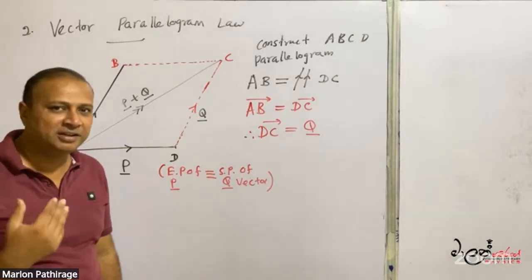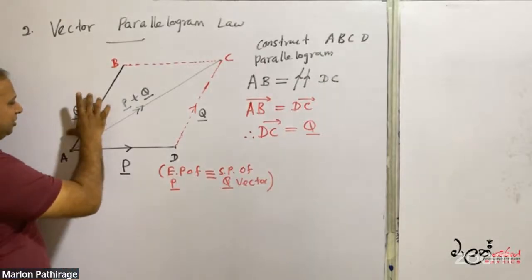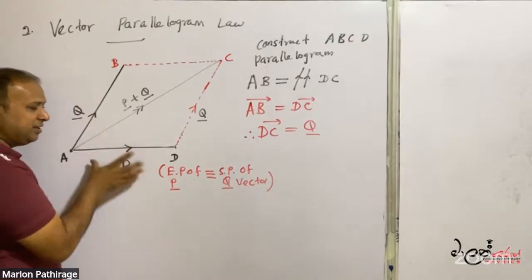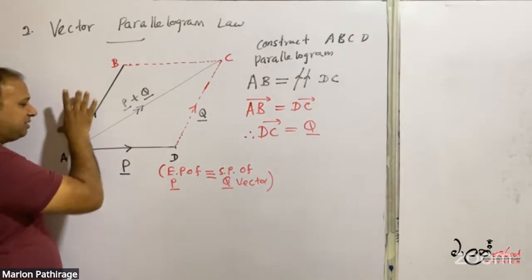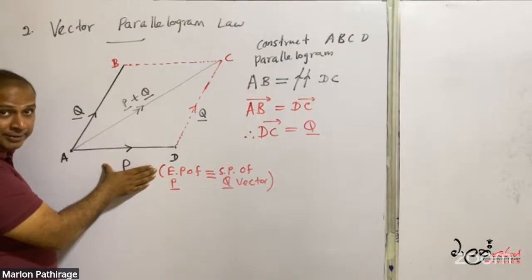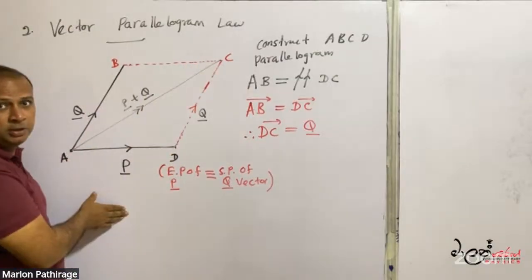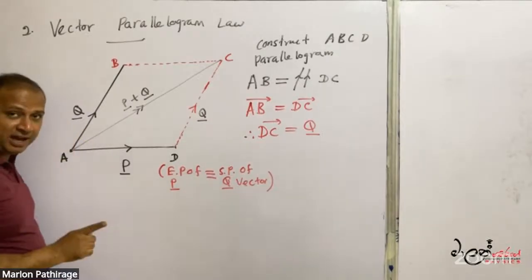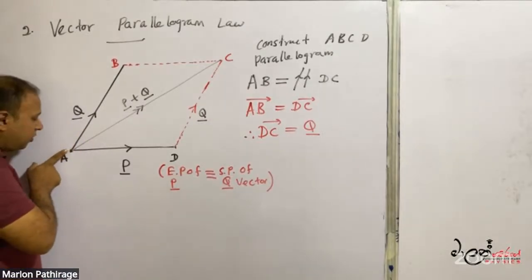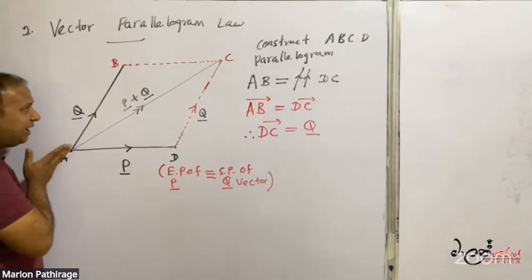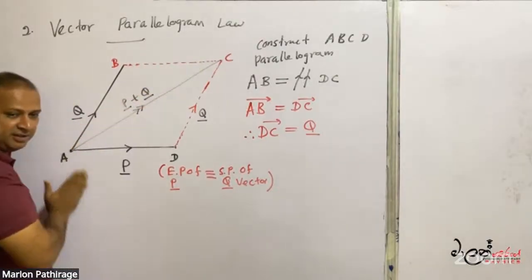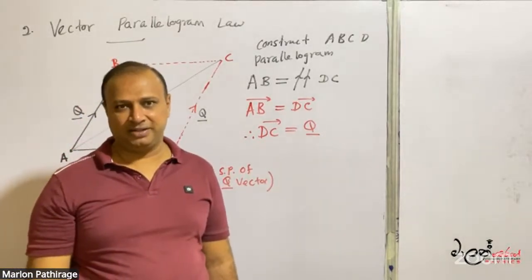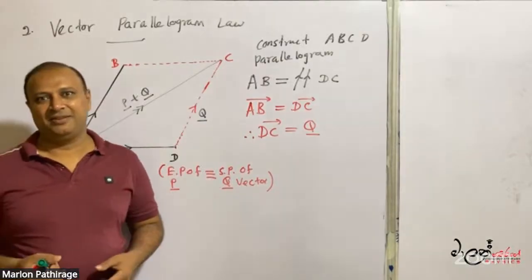So how to construct that parallelogram? You have to consider these two sides as two adjacent sides of that parallelogram, and construct that parallelogram. Once you construct it, the diagonal that goes through this point represents the addition of these two vectors. Okay.